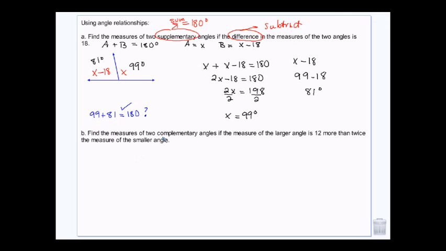We're finding complementary angles. So complementary means they have a sum of 90 degrees. And the measure of the larger is 12 more than twice the measure of the smaller. Okay, so that's 12 plus 2 times.